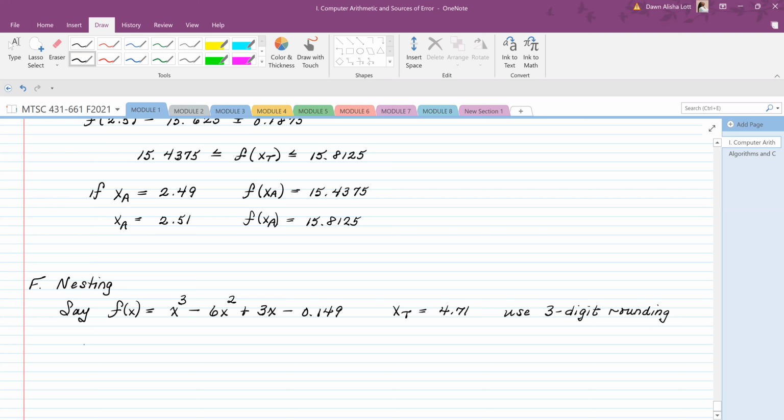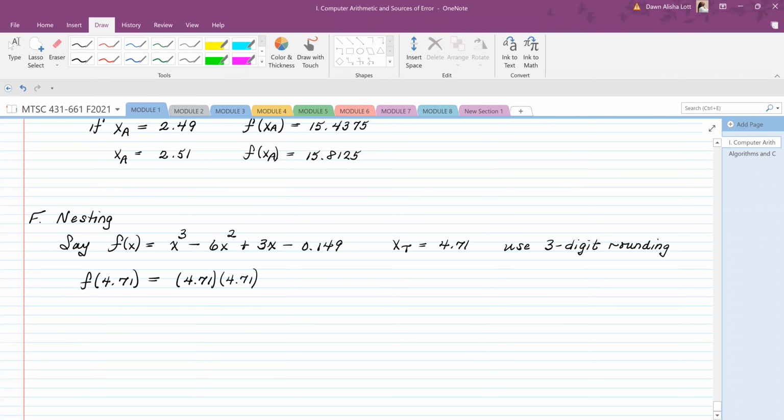So here's the problem. When I try to compute f of 4.71, I have to do 4.71 times 4.71, 3-digit round.